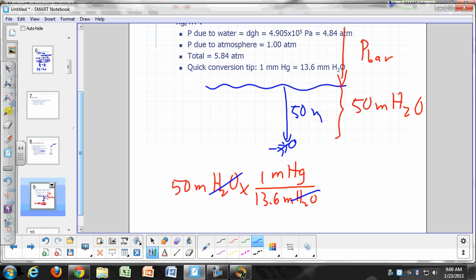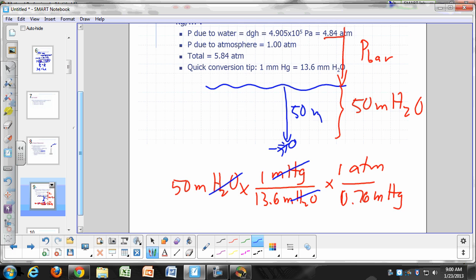And then, we're doing this in atmospheres, so 1 atmosphere is 0.76 meters of mercury, right? 0.76 is 760 millimeters.